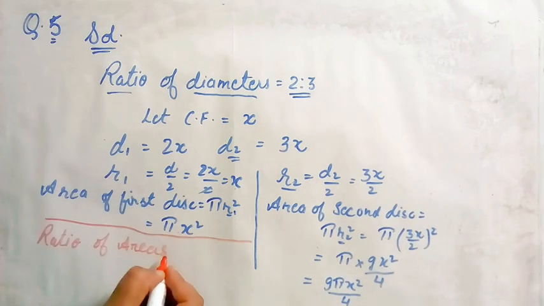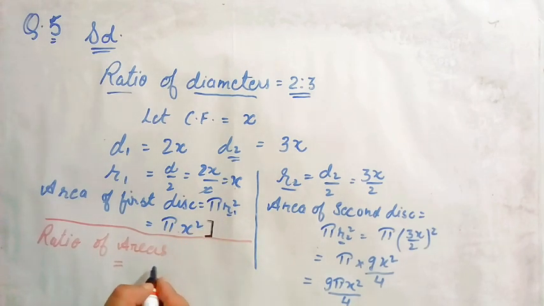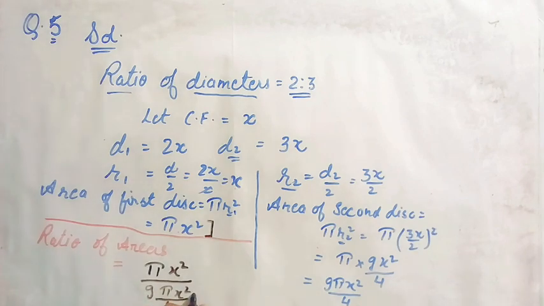Now we have to find out the ratio of areas. So the ratio of areas will be equal to, we know the area of the first disc is pi x square whole upon the area of the second disc, 9 pi x square upon 4. Now simplify it.